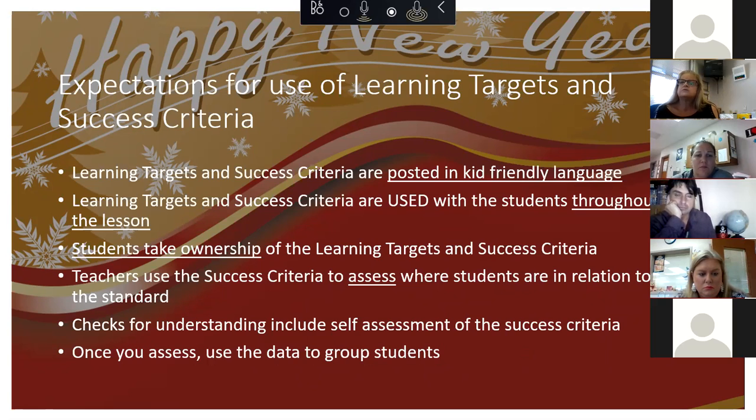We are looking that students are taking ownership of these learning targets and success criteria. We are looking that they're being assessed. And we want to see checks for understanding, including the self-assessment. And then once you assess, that you're pulling groups based on that data. Questions on that?